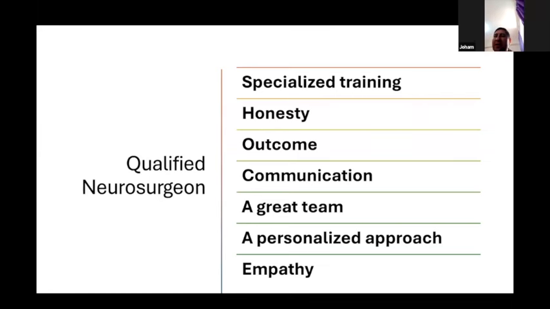Patients also need a personalized approach. For example, some pituitary cases can be approached endoscopically, but in other cases we had to perform a craniotomy and microsurgical resections.